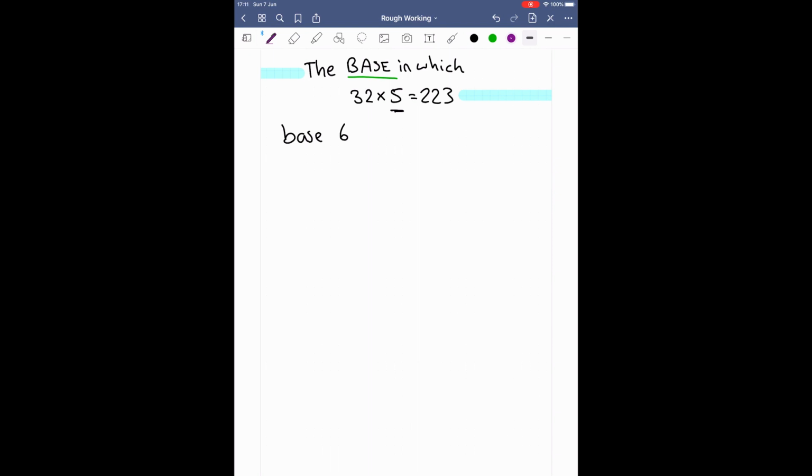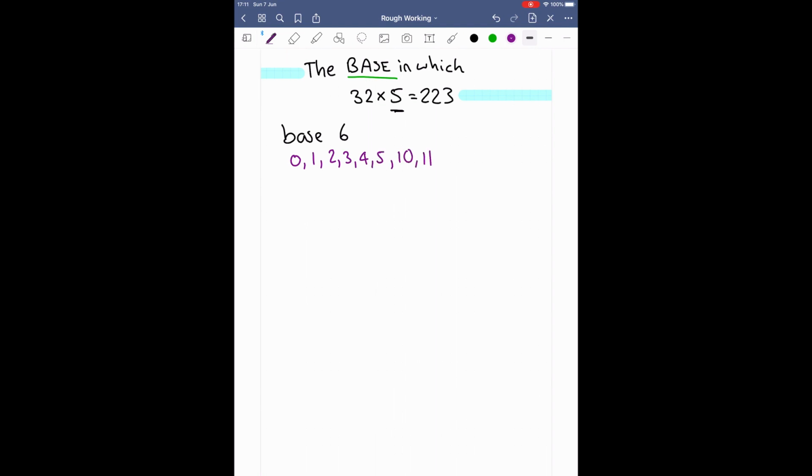Now I'm just going to write in purple here just the first couple of integers in base 6. So you have 0, 1, 2, 3, 4, 5, and there you stop.